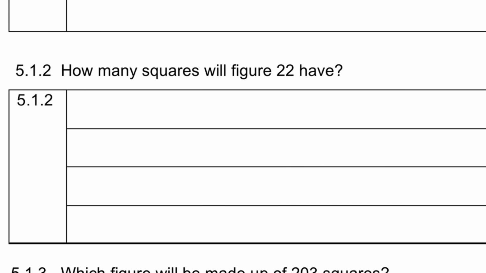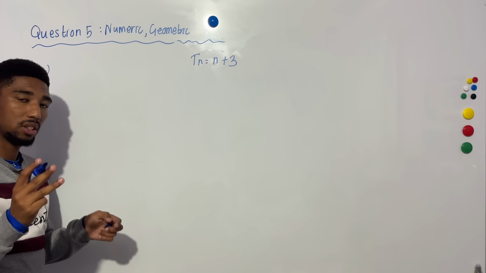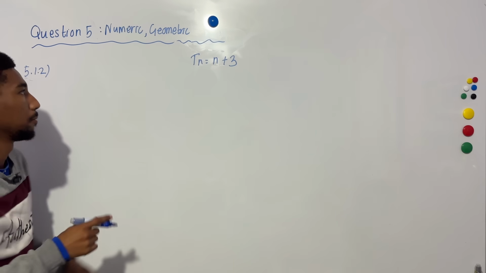Now I have the question, how many squares will figure 22 have? Now, each figure, we know that if it's the first figure, it's the first figure plus 3. The second figure, we know that the number of spaces is 2 plus 3. For the third figure, the number of spaces is 3 plus 3.